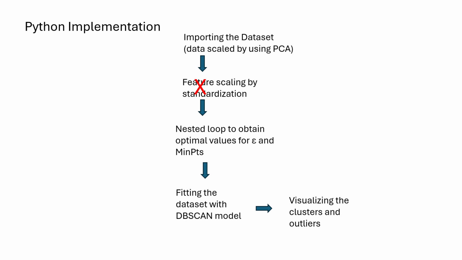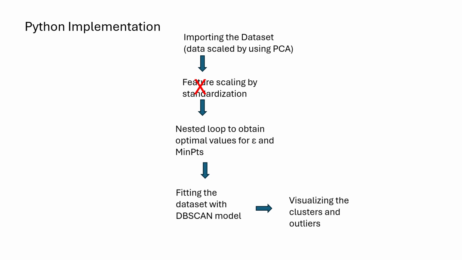The analysis begins by importing the principal component scores of the wine dataset obtained from the earlier principal component analysis. Unlike the previous DBSCAN example using the Old Faithful dataset, no additional feature scaling is required because the principal component scores have already been standardized during the PCA procedure.